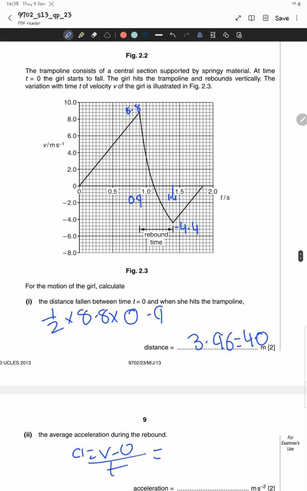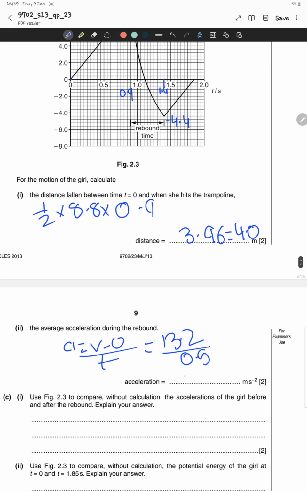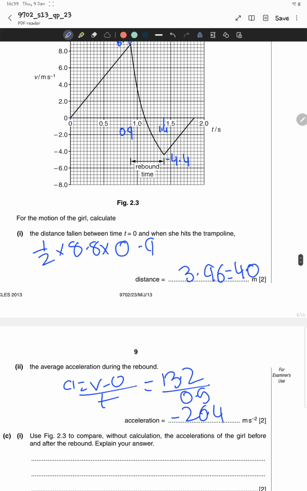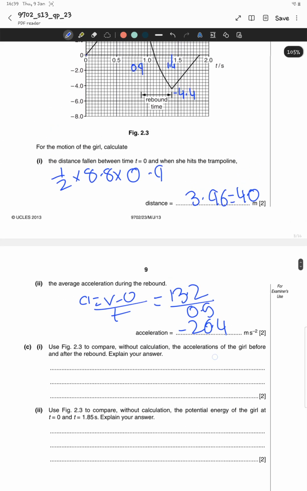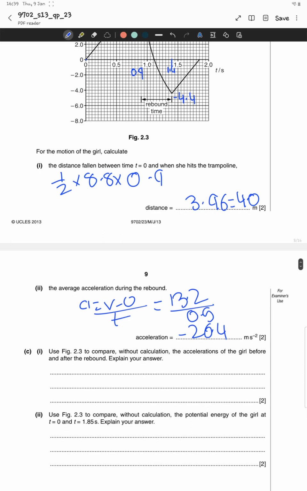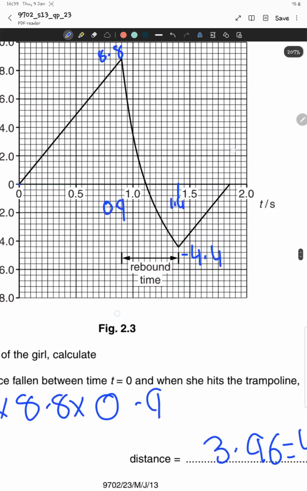The total change in velocity is 8.8 plus 4.4, 13.2, and then divide by 0.5. That is going to be 26.4. And you can put a minus, because it's decelerating, velocity decreasing. It's better.